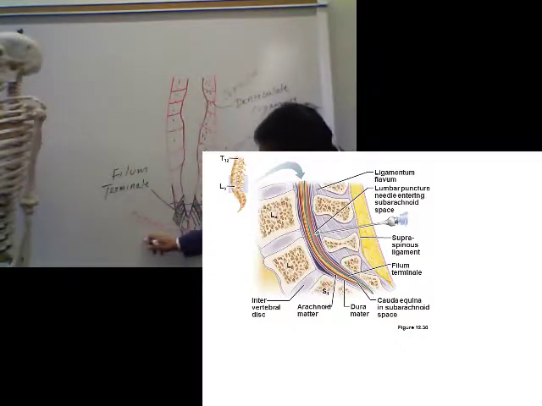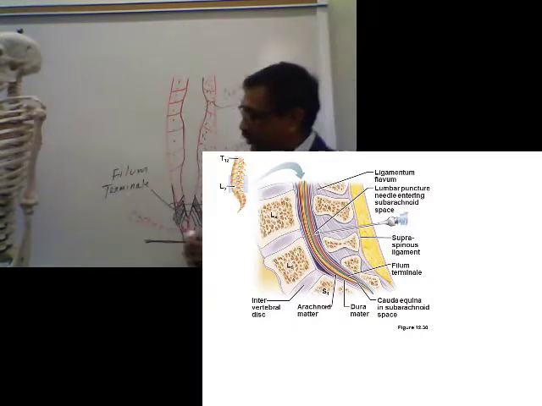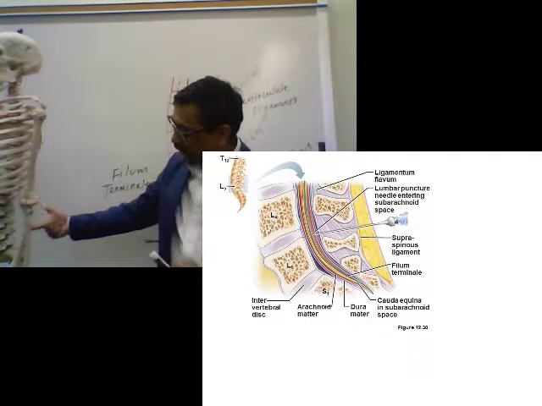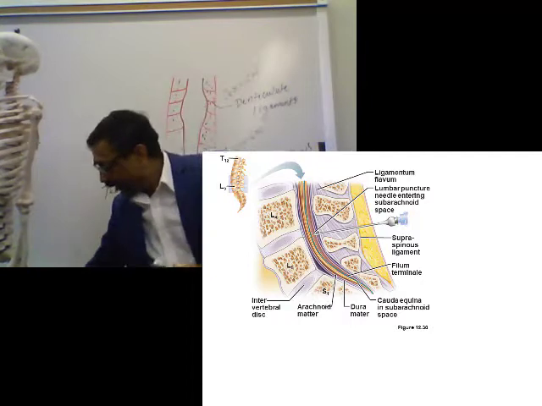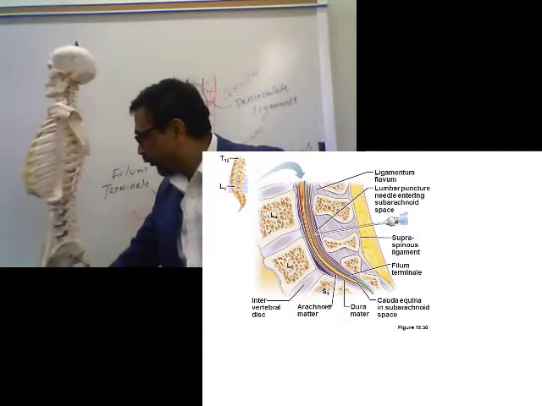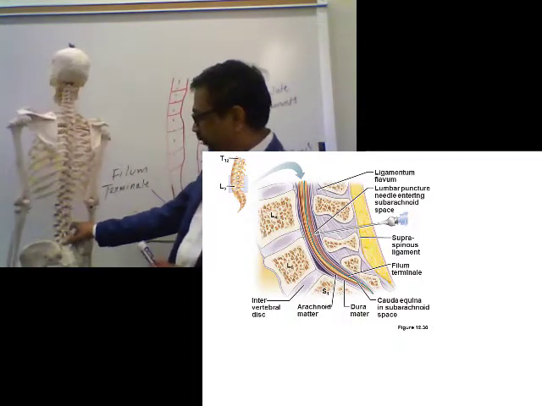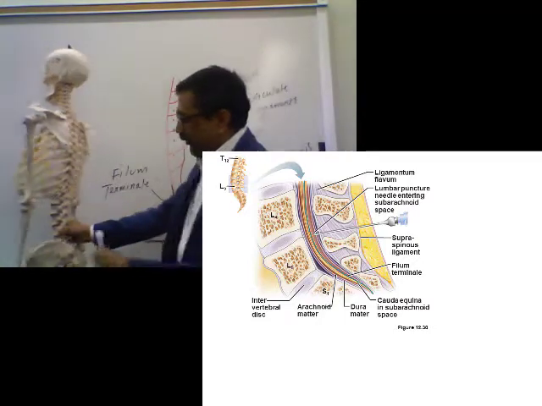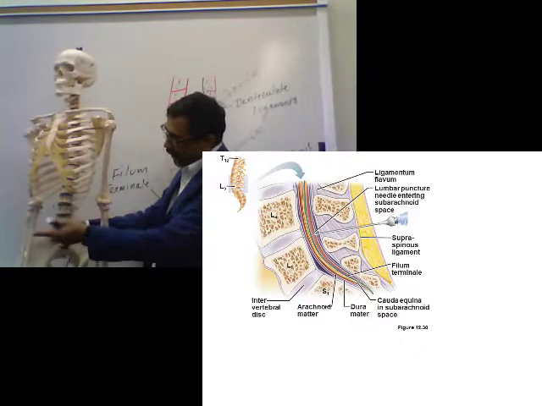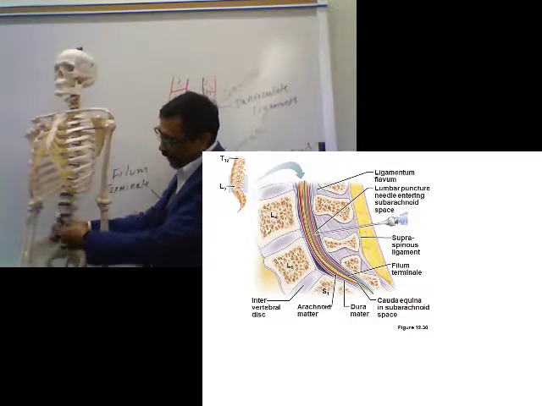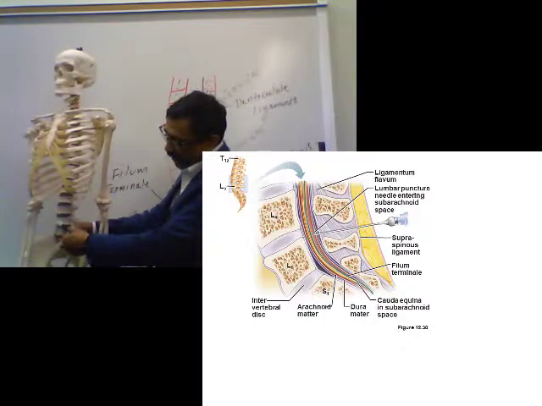So we insert the needle at a lower lumbar level and collect the cerebrospinal fluid from there, because we know that the spinal cord certainly ends at L2, if not L1. Below that we have cerebrospinal fluid but no spinal cord.